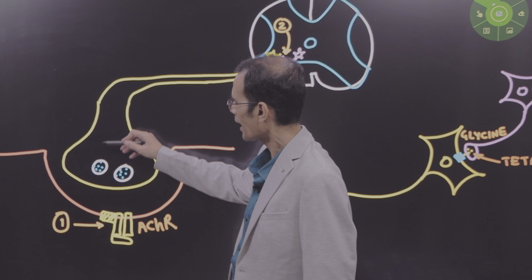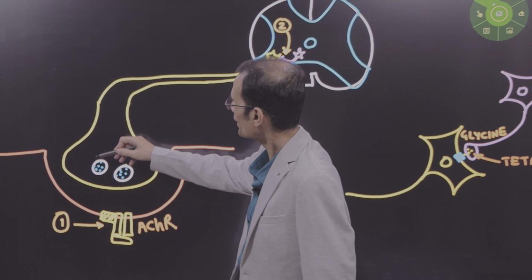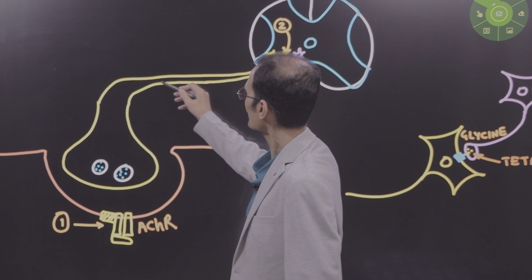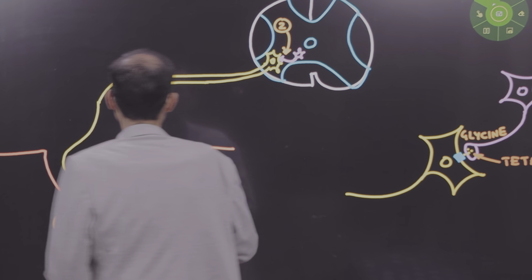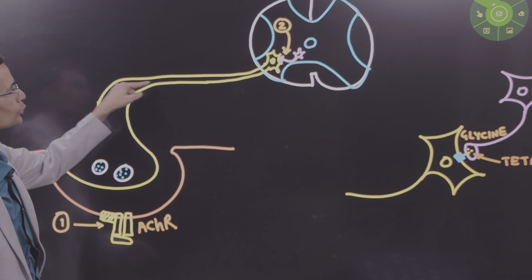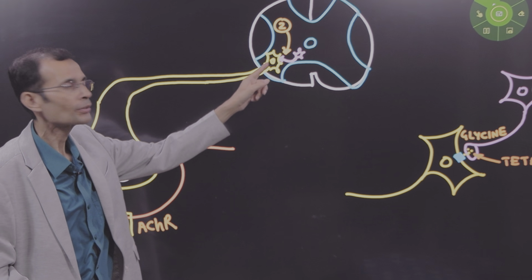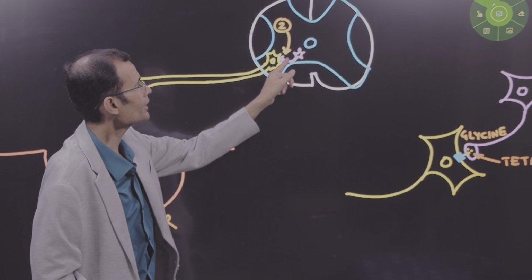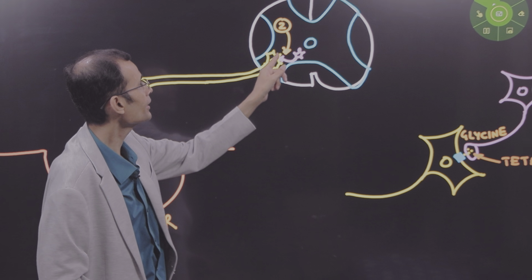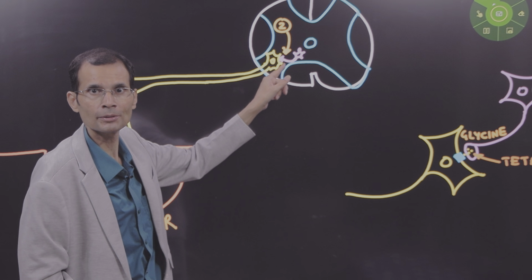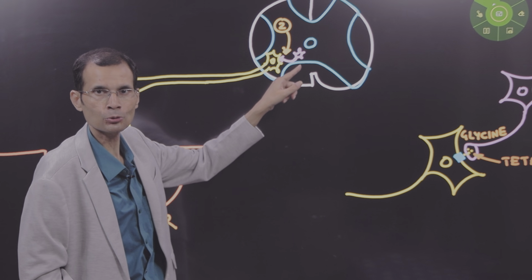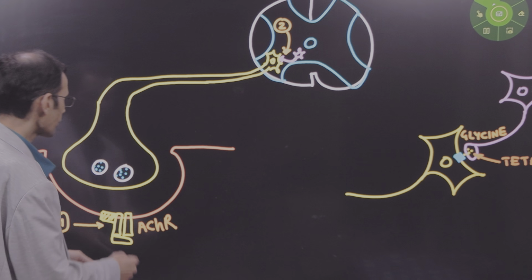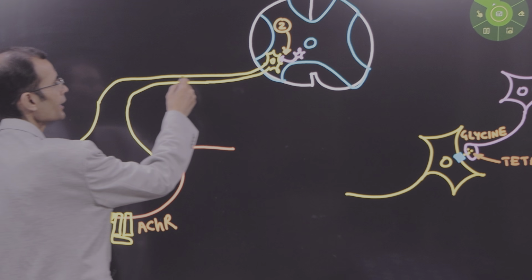Now it crosses the synapse in the reverse, and then it travels in the reverse like this. It travels and it goes all the way to the spinal cord. From there, it enters this inhibitory synaptic terminal, this inhibitory interneuron. So tetanus toxin travels like this in a retrograde fashion.